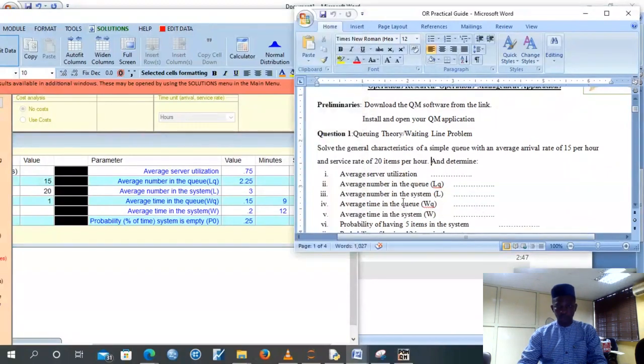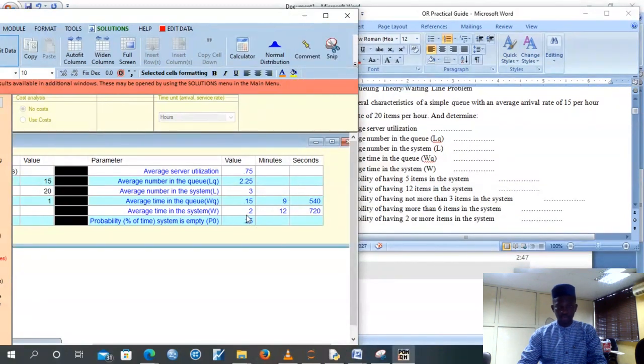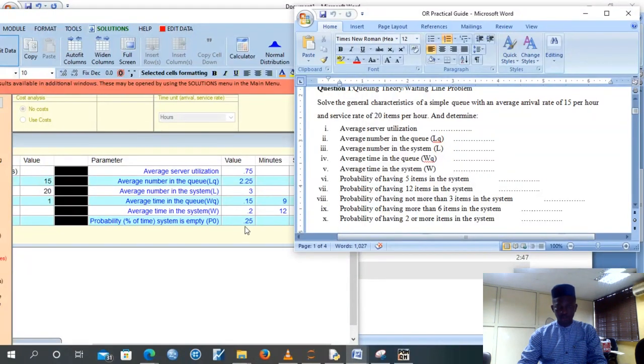Average number in the system, L, is 3. Average time in the queue, WQ, is 0.15. Then average time in the system, W, is 0.2 or 12 minutes. So that's the end of the averages.